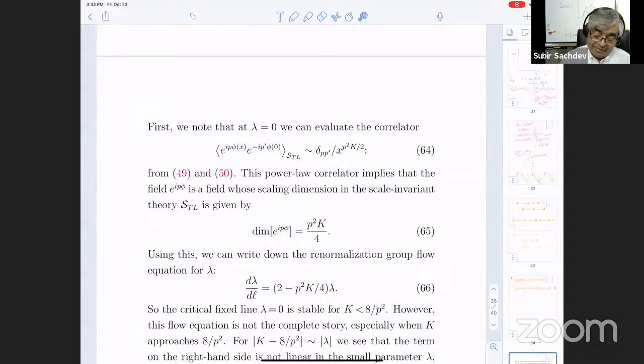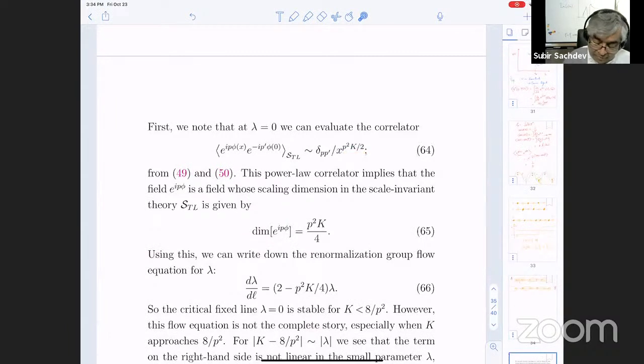Okay, so then the reasoning is that this seems like some correlation function in some scale invariant theory, because I take a 2-point correlation function of these operators, they always decay with a power law. So if it's a scale invariant theory, you can ask, what is the scaling dimension? In other words, each of these operators, how much do you have to rescale it to establish scale invariance? Well, the rescaling power, or so-called scaling dimension, of one of these is just half the power over here.